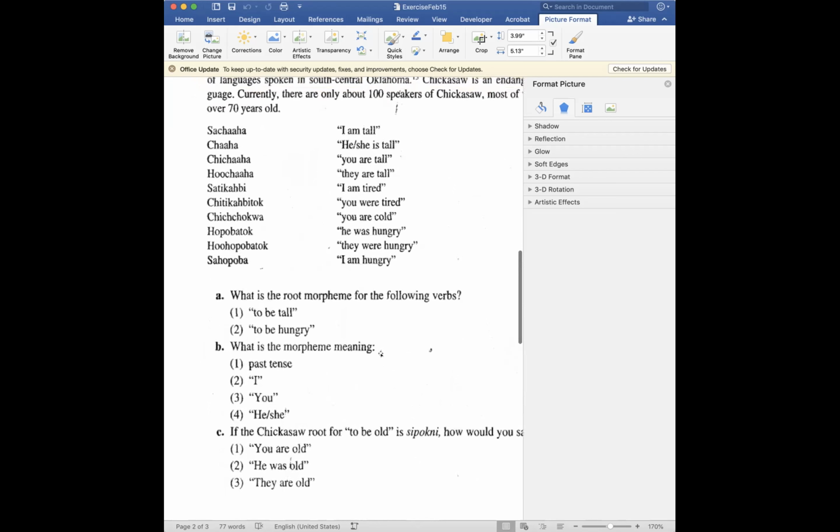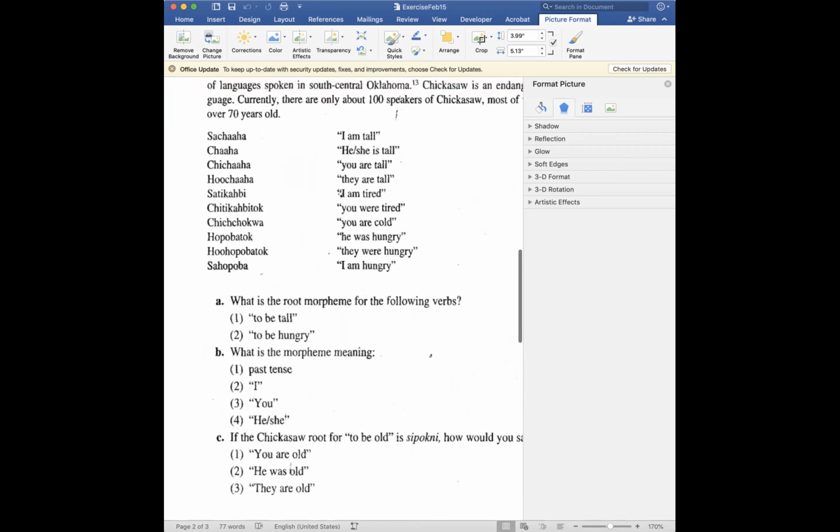That's basically how you identify any morphemes like this. You just ask, these are all the ones that have the same thing in it that I'm looking for. What's in common between all these? So for I, it would be the sa. Yeah. Okay.